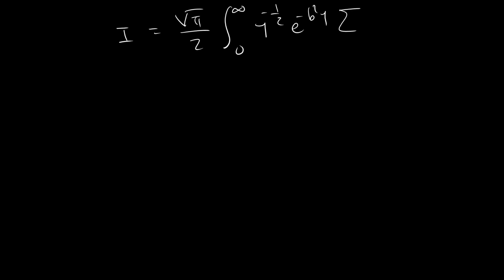So we've come to a point where I is equal to root pi over 2, integral 0 to infinity, y to the power negative a half, e to the power b squared y, summation from n equals 0 to infinity, negative 1 to the n times a squared over 4y, rather, to the power n over n factorial.